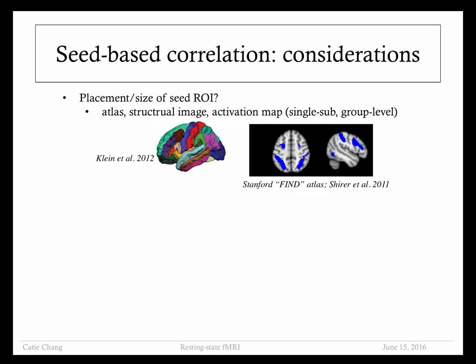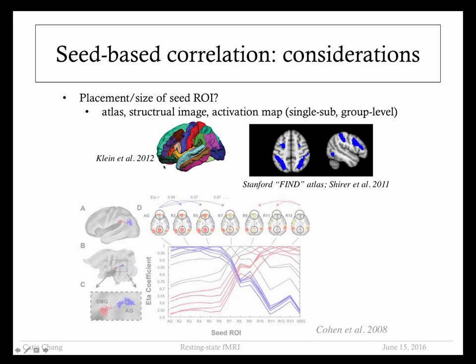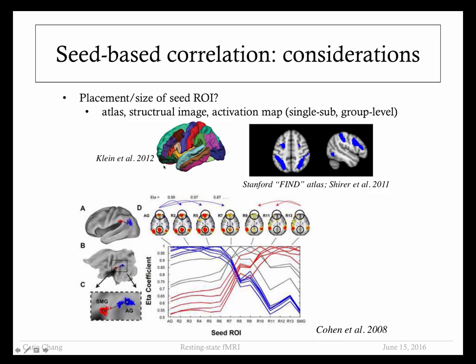The results that you can get from a seed-based analysis can be really sensitive to exactly where you place the seed. If you move that seed too much, beyond the intended area, you can end up in an actually different functional area that seeds a different functional connectivity pattern. This is an example of that, moving a seed in the parietal cortex from one zone to another, and you can see how the correlation maps change.